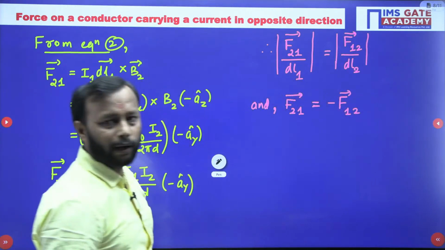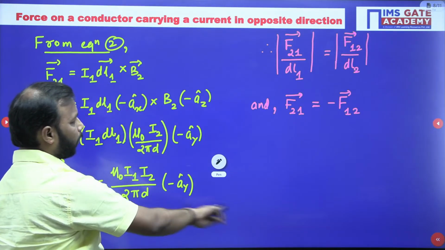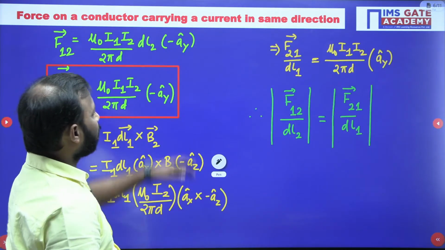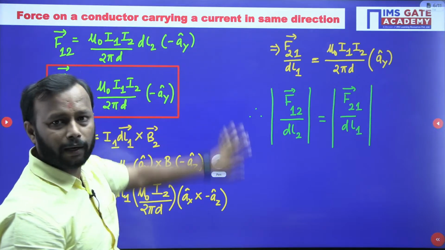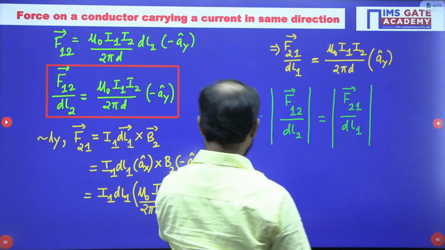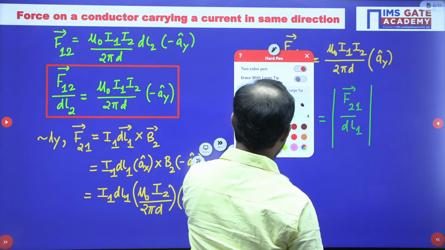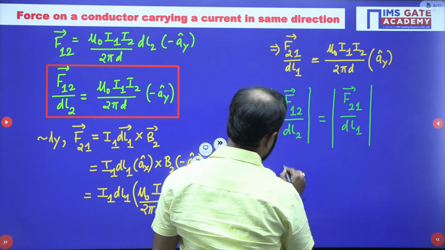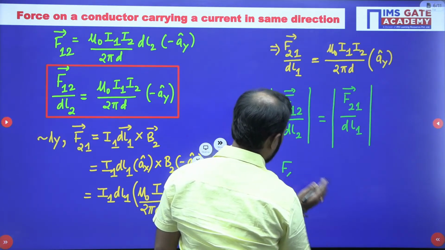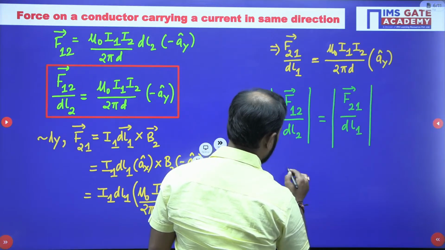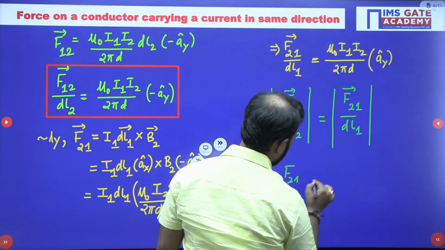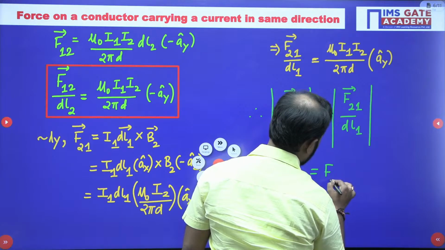So these two points are very, very important. When the current is in the same direction, their magnitudes are equal, and at the same time F21 is equal to F12.